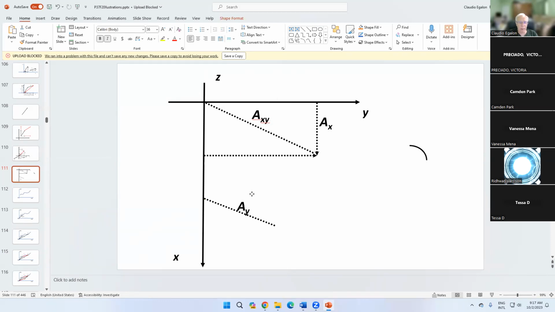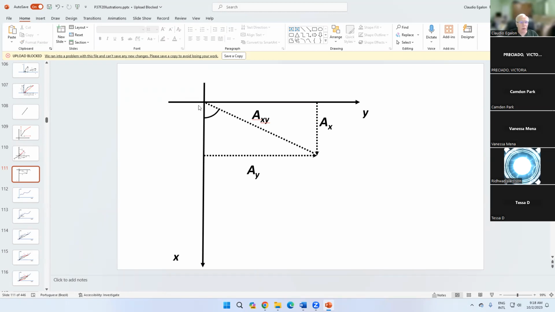And we got AXY subscript. Okay, we do not have the z-axis anymore.